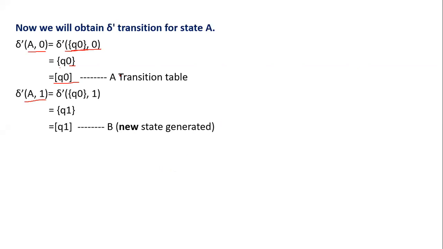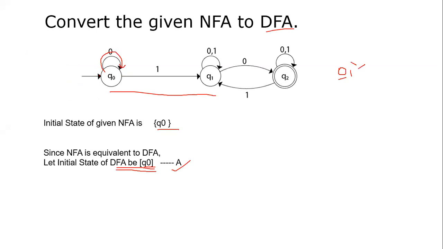I have to mention A. Then I'm going to the next input symbol, that is A comma 1, del dash of Q0 comma 1. What is Q0 comma 1? Q0 reading the input symbol 1 and moving to Q1. Is it clear, everyone?